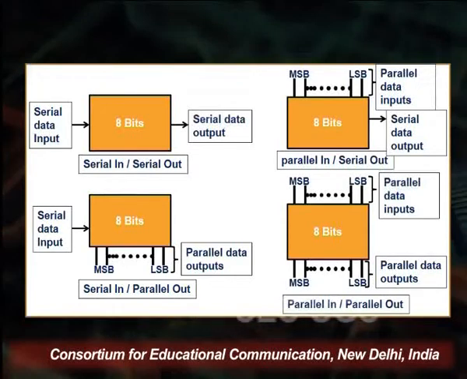SISO, on the other hand, would have minimal circuitry involved, and therefore it being the slowest would also be the cheapest. The intermediates, that is the SIPO and PISO, work out in between. So depending on applications, we choose which shift register to use.